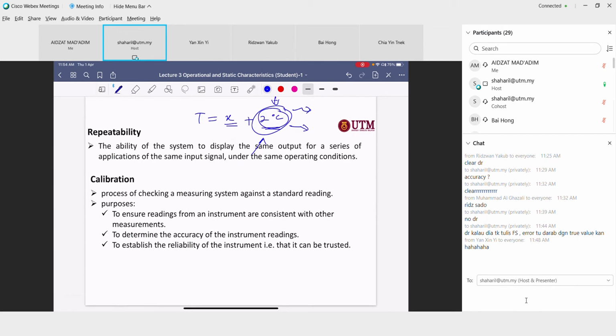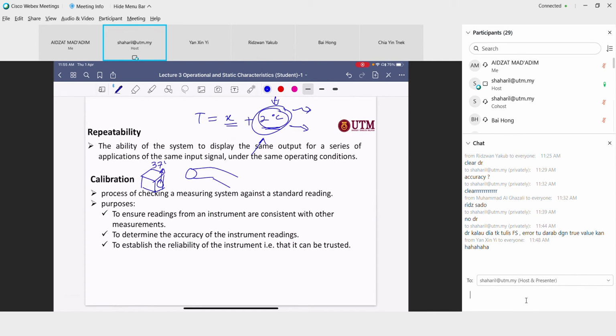Okay, for example, you have the temperature gun, right? How to draw the temperature gun? Okay, right, this one. Temperature gun. Okay, so you need to do the calibration. That means you need to shoot at what we call it, this one is the black body. Okay, black body, right? So it will give you the constant temperature.